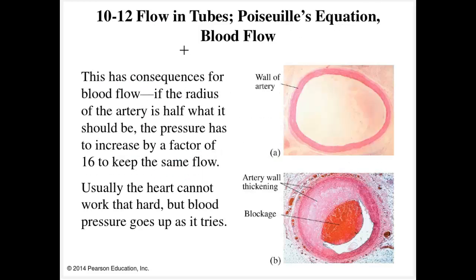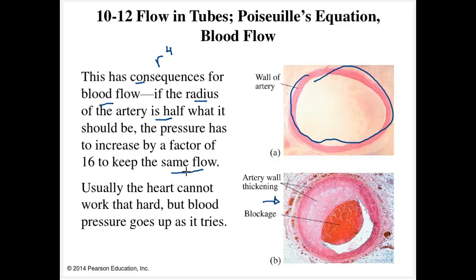So the application of this volume flow rate has medical implications. It has consequences for blood flow. If we look at an artery right here, and now we cut this radius in half of what it should be, kind of like what you see right here, the pressure has got to increase not by a factor of 2, but by a factor of r to the fourth in order to keep the same flow rate.